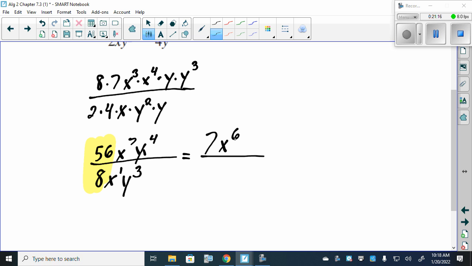For y, we have y to the 4th divided by y to the 3rd. 4 minus 3 is just 1, and it would be on top because the bigger exponent is on top. And that's our answer. Any questions on this?